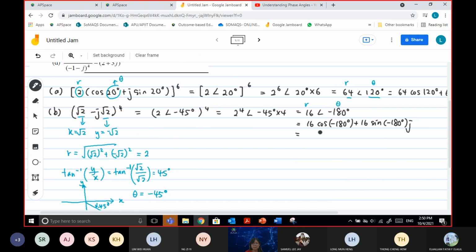Negative 16. Only negative 16, no others? Yep. Okay, so this is the answer.